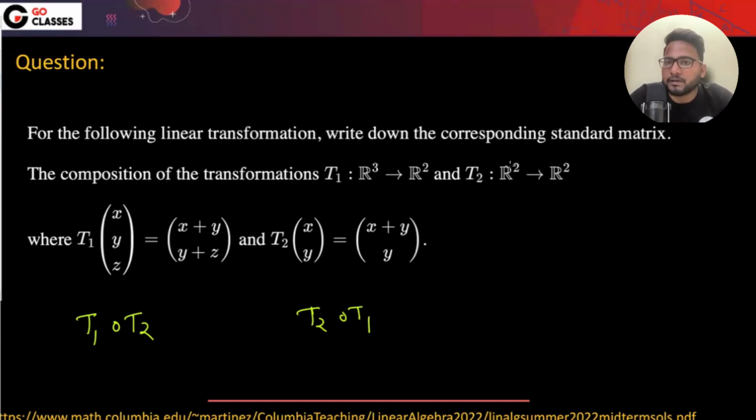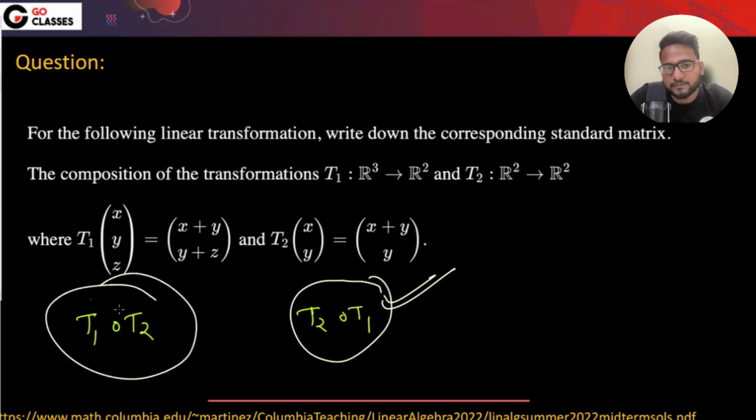See, T2 is saying that I can take R2 as an input, right? If T2 can take R2 as input, then it is fine. This kind of composition is okay because T1 is ultimately giving R2 as output, so this will give a vector in R2, and then T2 takes that vector. So this is making sense.